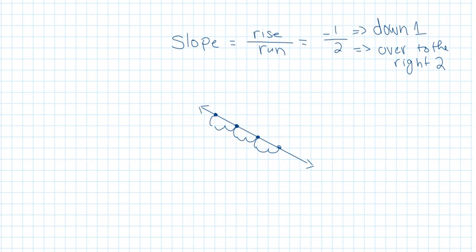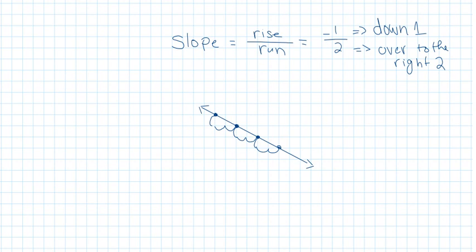In this case, my directions are go down 1, to the right 2. You find your point. Down 1, to the right 2. You find your point. If you're doing the right thing, your points should line up on a straight line. Are we okay with this?